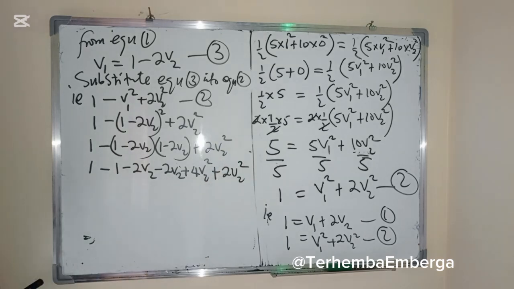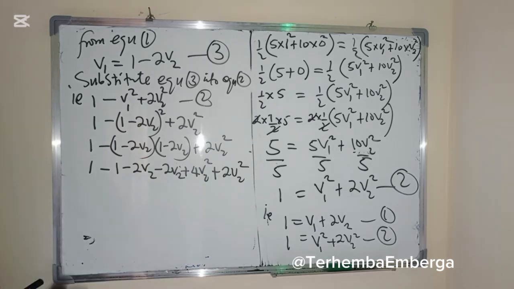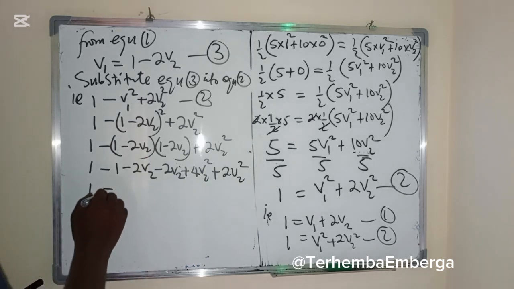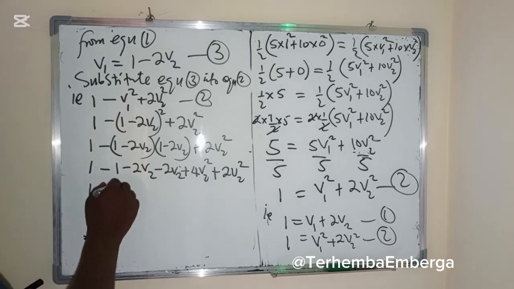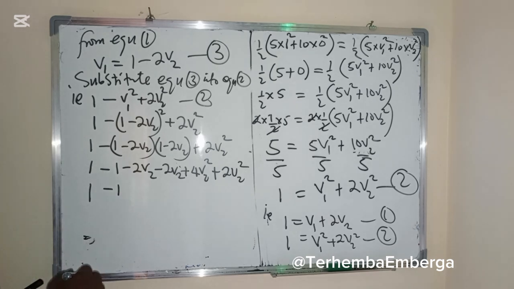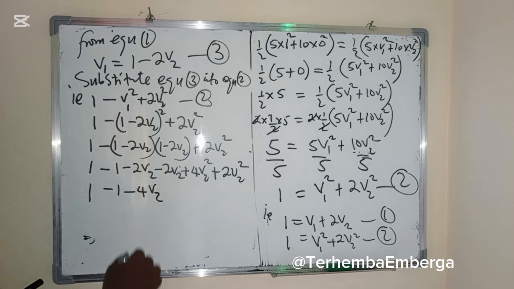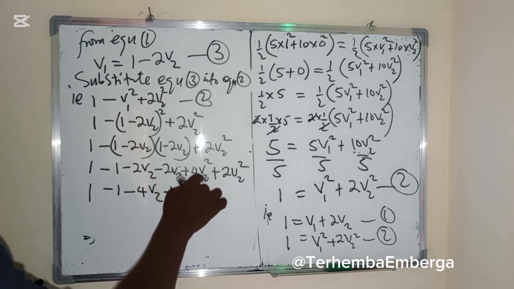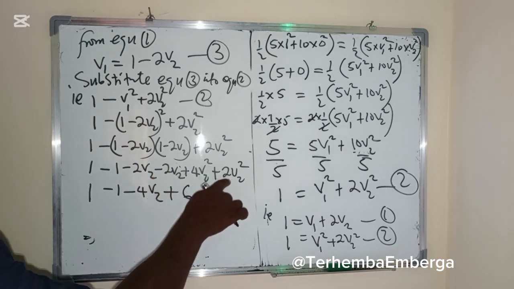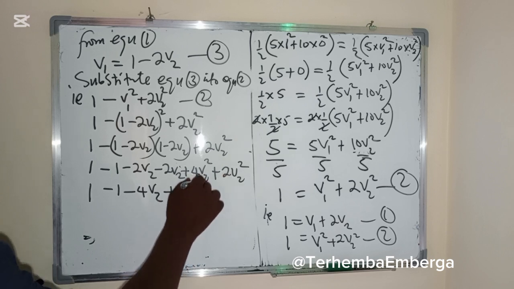Of course, these are like terms, so we can add them up. So we have 1 minus 4v2, then plus 6v2 squared, that is 4v2 squared plus 2v2 squared.